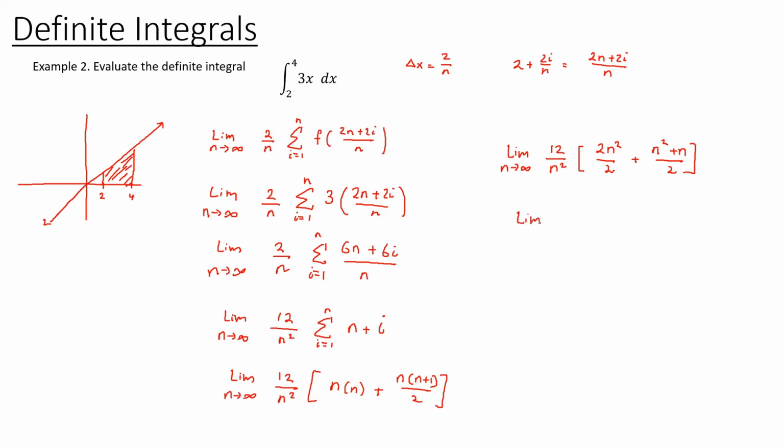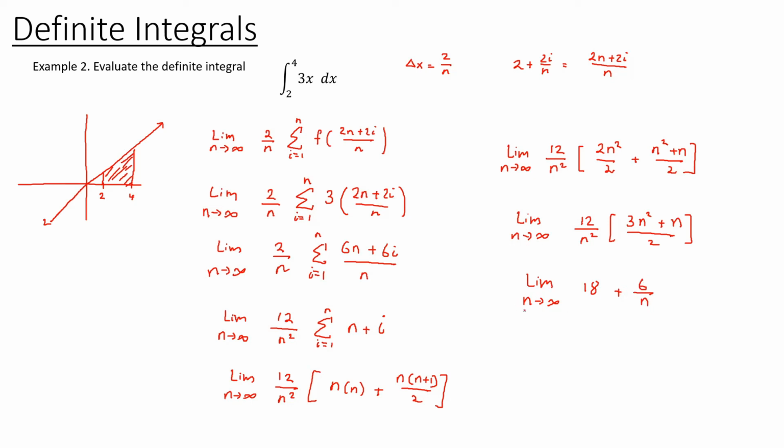You're left with 12 over n squared times 3n squared plus n over 2, which is 18 plus 6 over n.